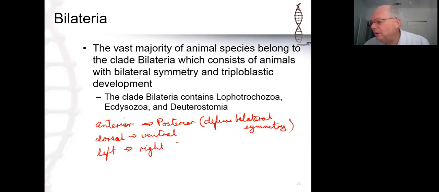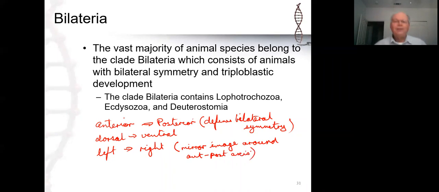And remember, it's the left-right symmetry that is also associated with the bilateral symmetry. So mirror image around the anterior-posterior axis. So that's where the bilateral symmetry comes in.